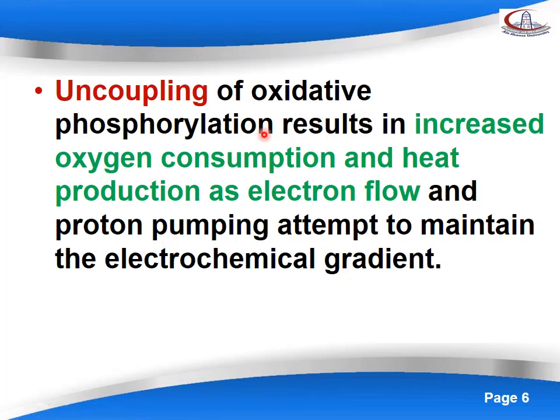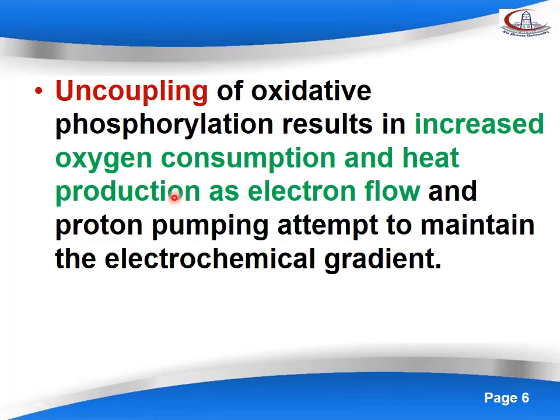Uncoupling of oxidative phosphorylation results in increased oxygen consumption. Oxidation is going on; I do not damage or disrupt the process of oxidation. Oxygen consumption and the formation of water from oxygen with the protons proceed. Phosphorylation is also okay, it is not damaged, but it is not working, not active, not stimulated, because the protons are not passing to the mitochondrial matrix through complex 5, the ATP synthase, but through other channels.